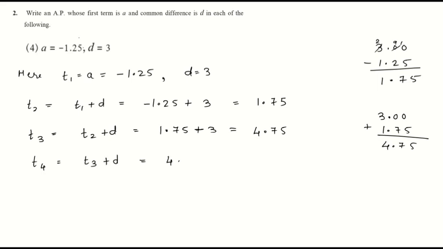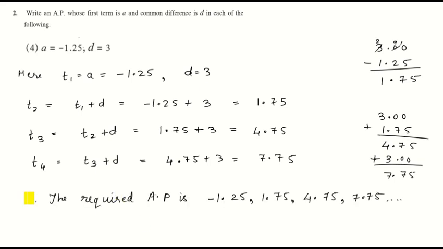We got T3 as 4.75, plus 3, we get 7.75. Therefore the required AP is minus 1.25, 1.75, 4.75 and 7.75 and so on.